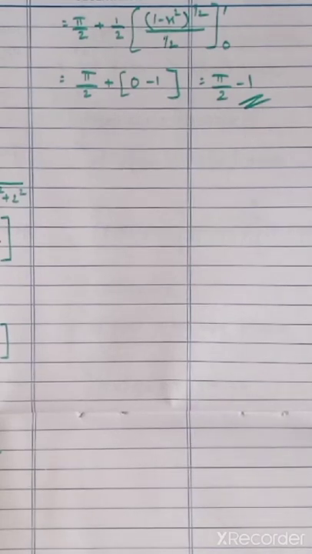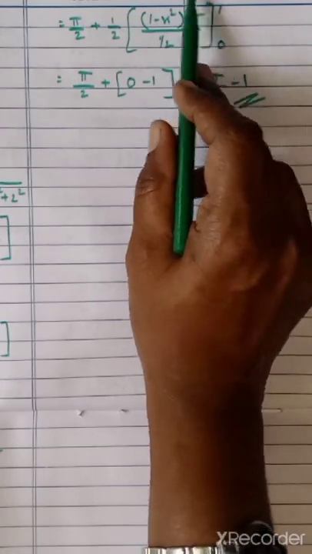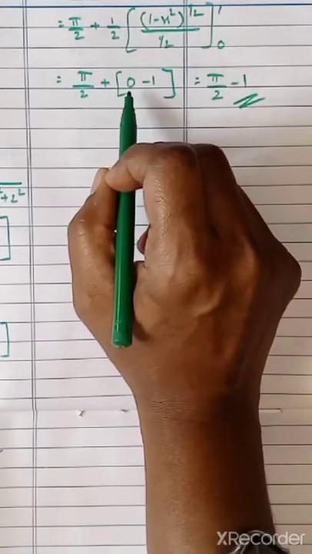Again, if you simplify: pi by 2 plus 1 by 2 of 1 minus x square whole power, minus 1 by 2 plus 1 is half. Similarly the denominator is also half, and the interval is 0 to 1. Correct? Now we have to apply the interval. The upper limit is 1; if I substitute 1 here, 1 minus 1 is 0, so the whole thing becomes 0.